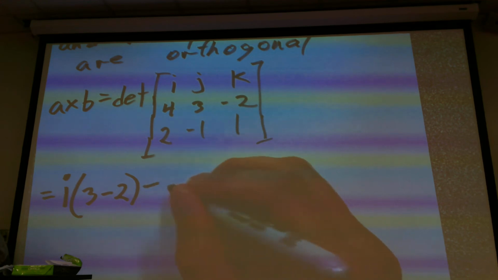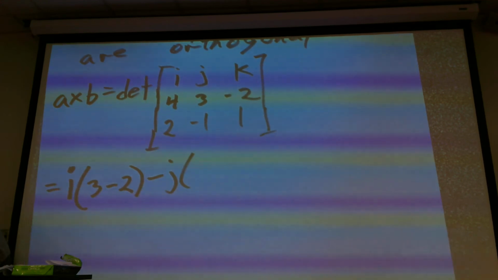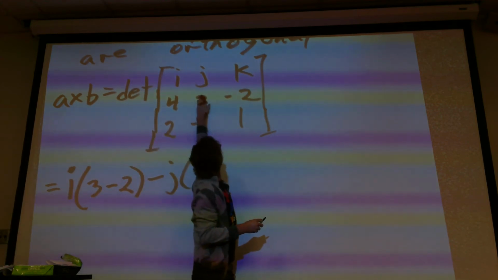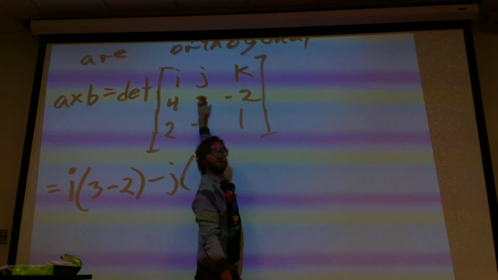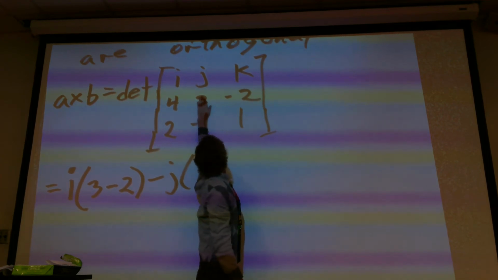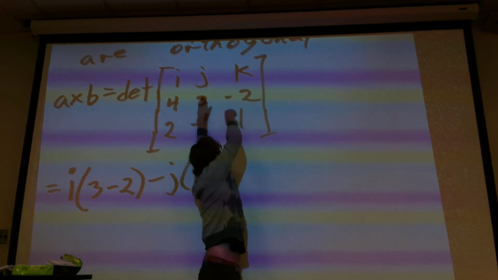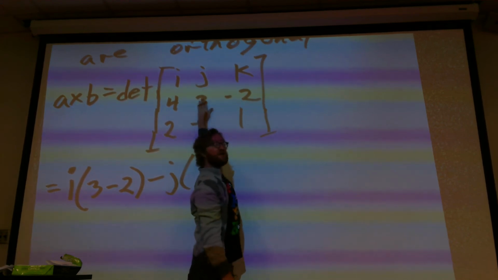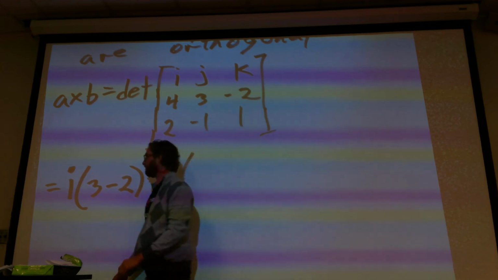Okay, now minus J. So now I'm covering up this one right here. So that's going to be 4 times 1 minus 2 times -2. So that's 4 minus -4.